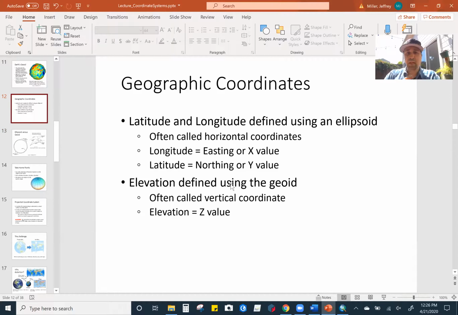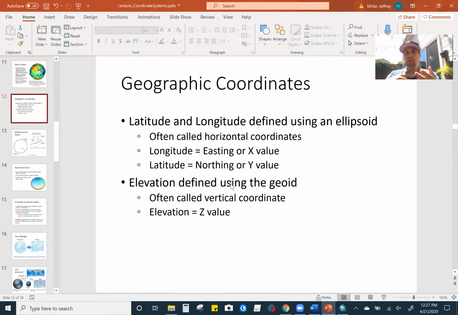So backing up, I just want to call out some common terminology. Latitude and longitude are defined using the ellipsoid, as we just mentioned, and are often called the horizontal coordinates.